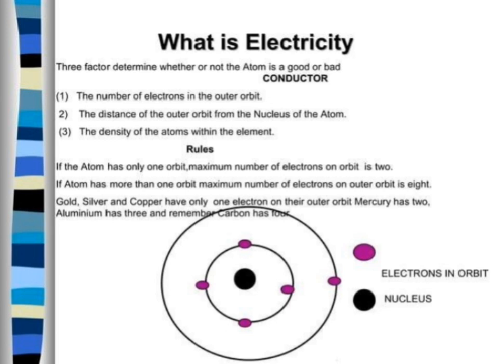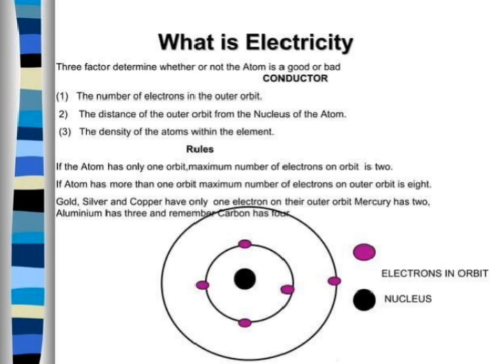So the ability of an atom to conduct electricity depends on the number of electrons in the outer orbit, the distance of the outer orbit from the nucleus of the atom, and the density of the atom within the elements. Rules of electron arrangement. If the atom has only one orbit, the maximum number of electrons on the orbit is 2.